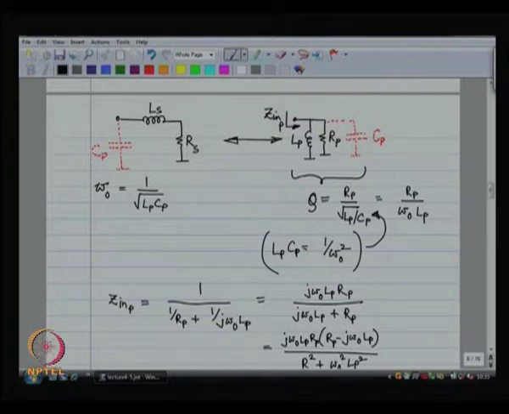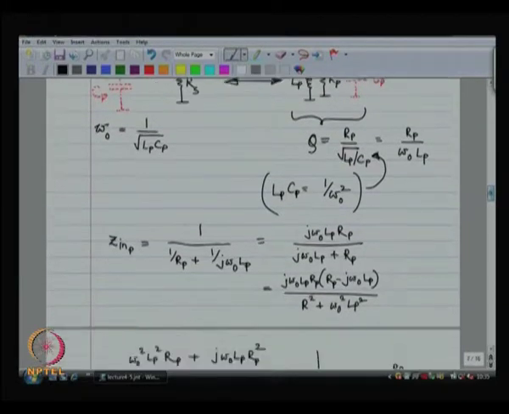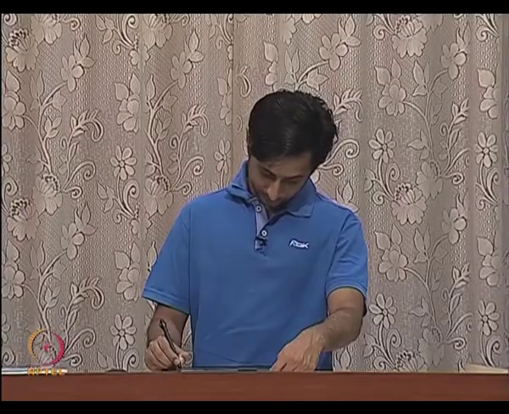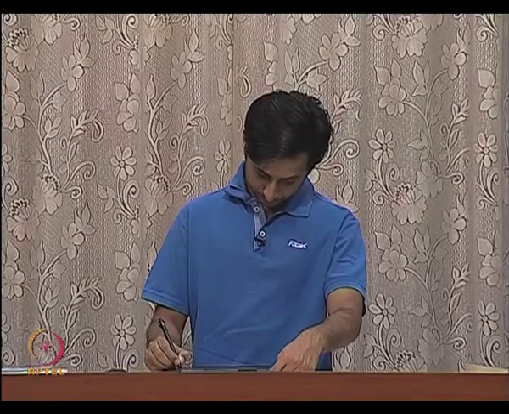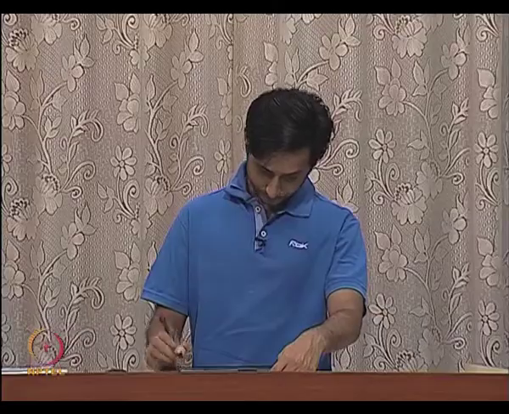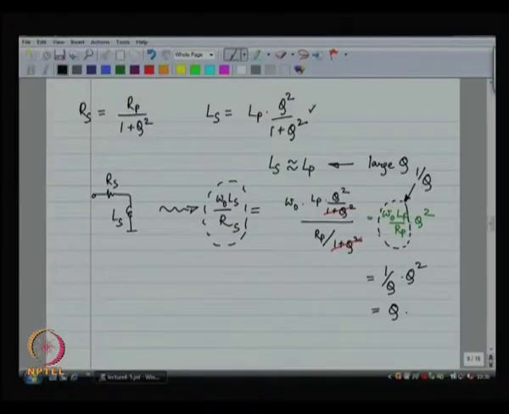You remember, we had an inductor in parallel with a resistor, which we could transform to an inductor in series with a resistor, and vice versa. And the relationship between L s and L p was over here, the relationship between R s and R p was over here.